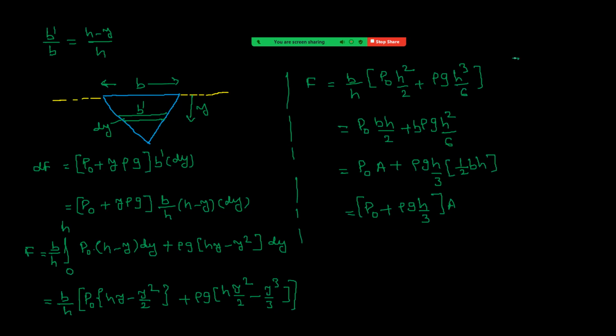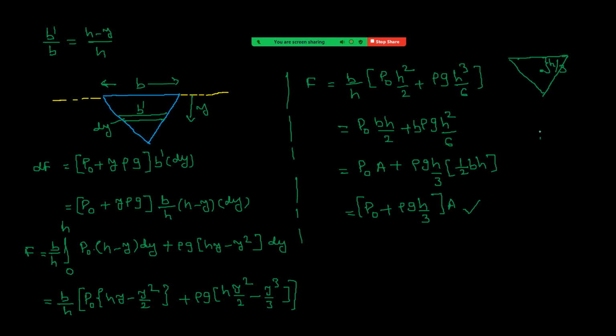When you are taking a triangle, the center of mass or centroid will be at a distance H by 3 from the base. So we can assume the entire force acting at that point. So calculate the pressure at that point, P naught plus rho G H by 3, into area. This result is helping us to solve problems.